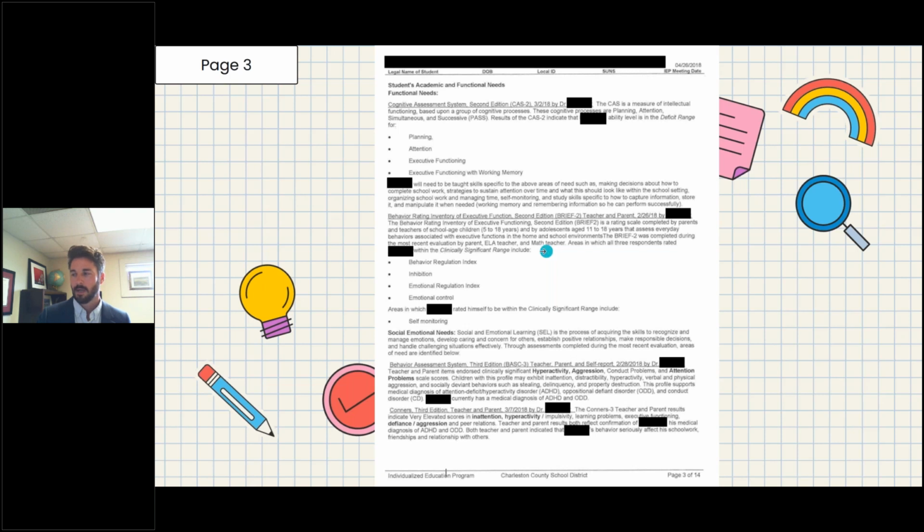So it was smart for this evaluator to go to the math teacher with this rating scale for sure. Areas in which all 3 respondents, so parent and both teachers, responded rating this child clinically significant. So that is the most elevated of all the ranges, clinically significant in 4 of these things.